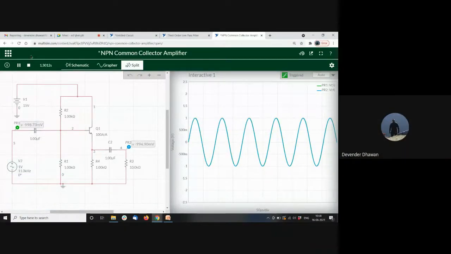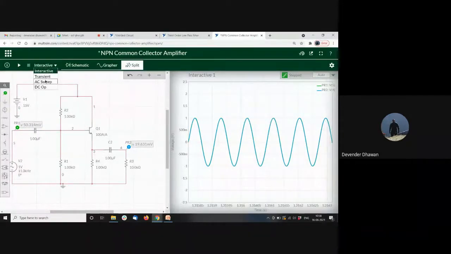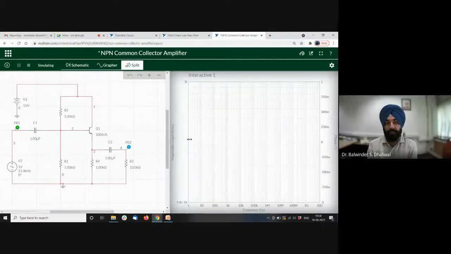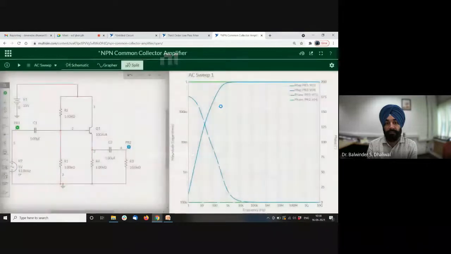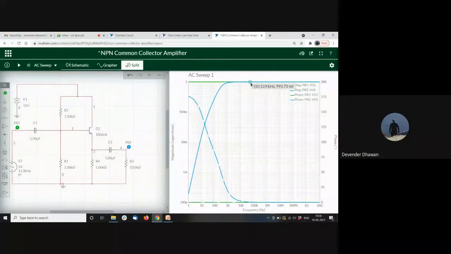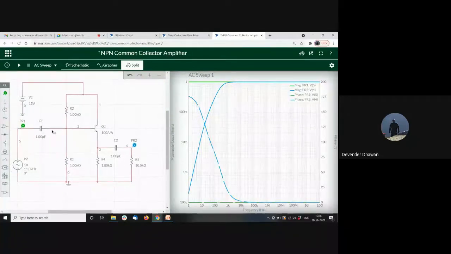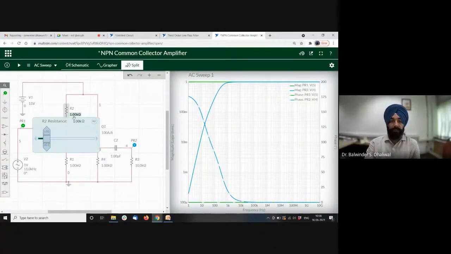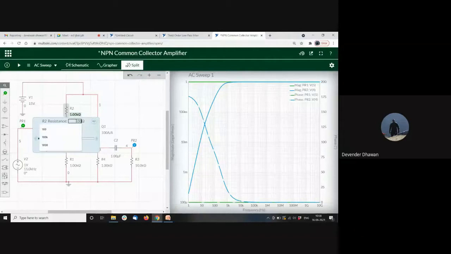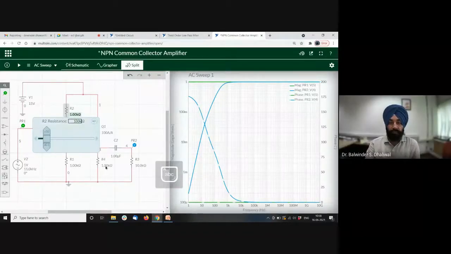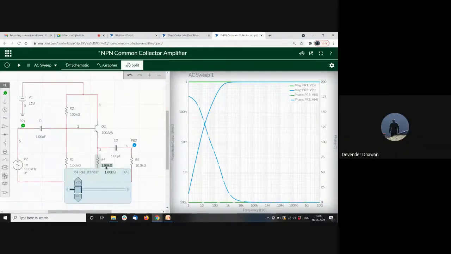So maybe we can run the AC sweep here. See, it will basically not amplify. So maybe some values we do have to change. Like if I make it, let's say, 100, and reduce it to 400 here.